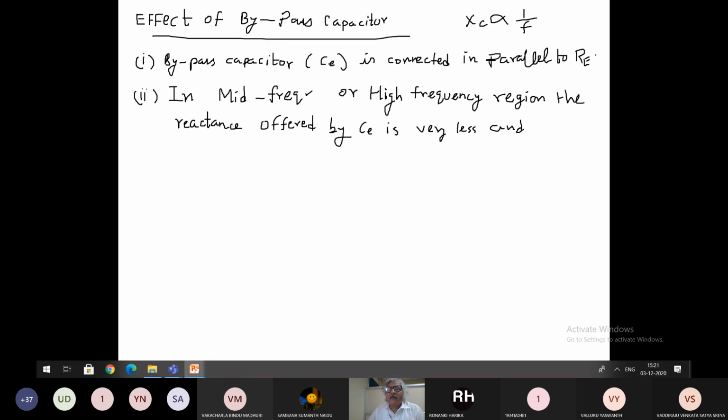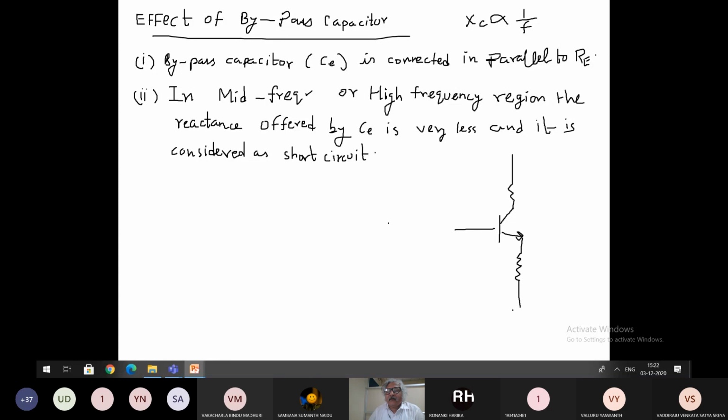It is considered as a short circuit. Now, if you see this figure, I will draw it here, concentrating only on the bypass capacitor.